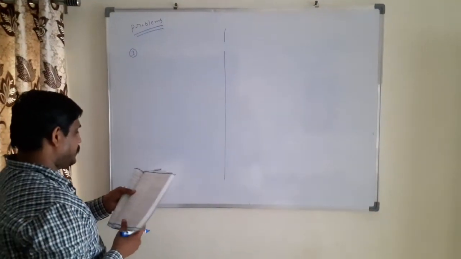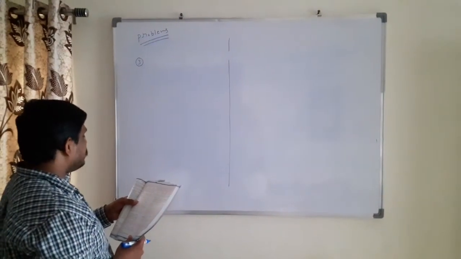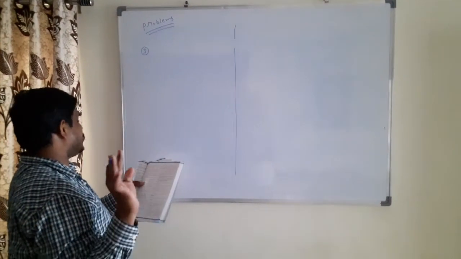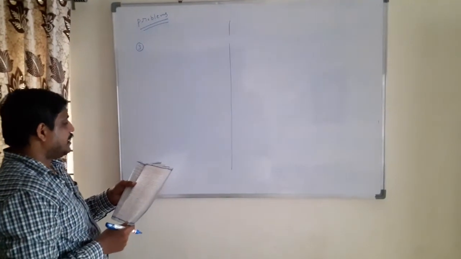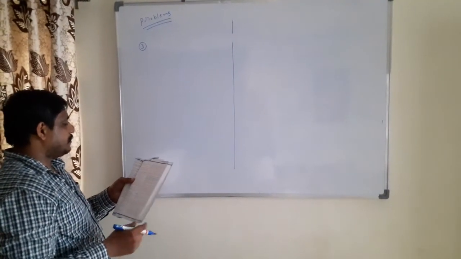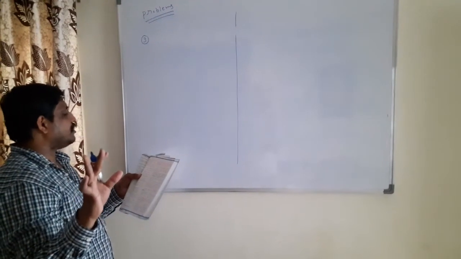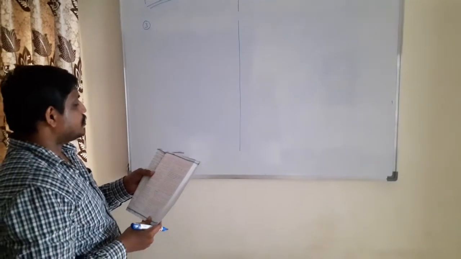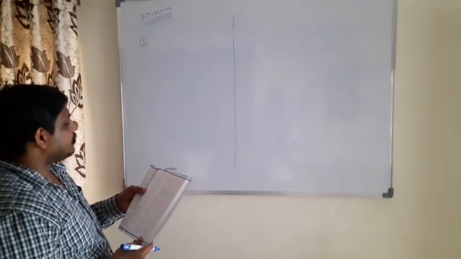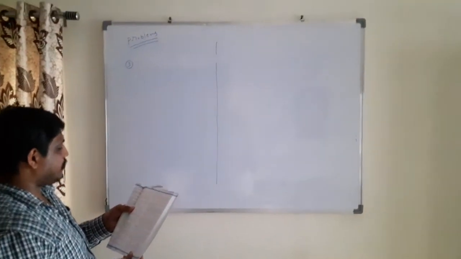Third problem. To get 5 images of a single object, one should have two plane mirrors at an angle of what?